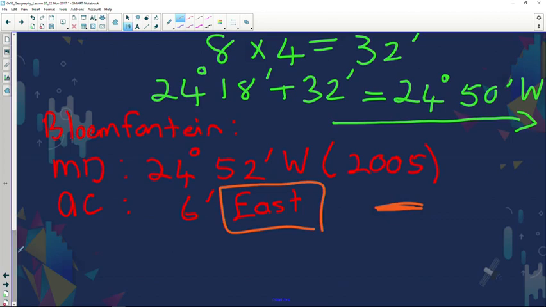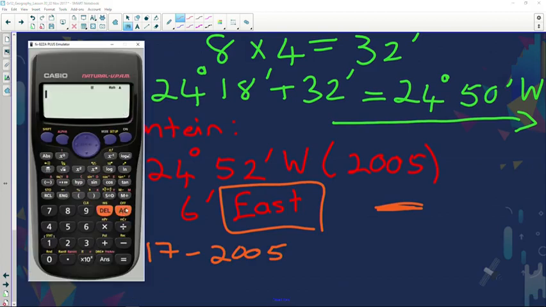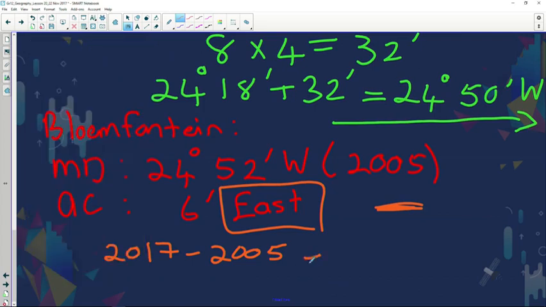Now, if you look at the question, calculate the present magnetic declination for Bloemfontein. So what we're saying, 2017 subtracting 2005, because that was when it was recorded. If we go to our calculator, 2017 subtracting 2005 gives us 12. Now every single year it's changed 6 minutes, and 12 years has gone by since it was recorded.